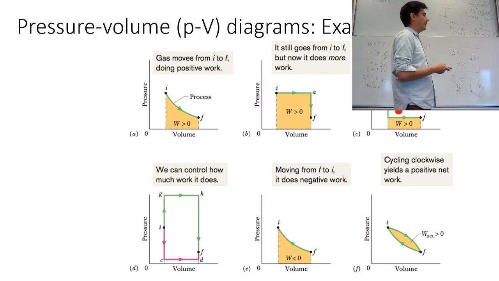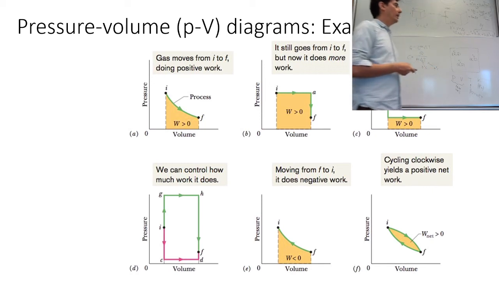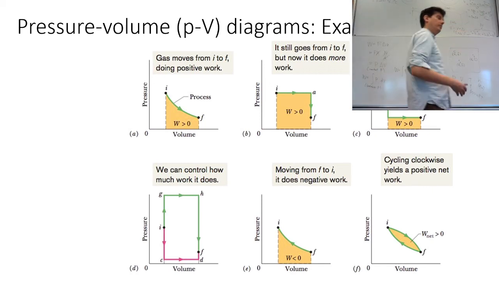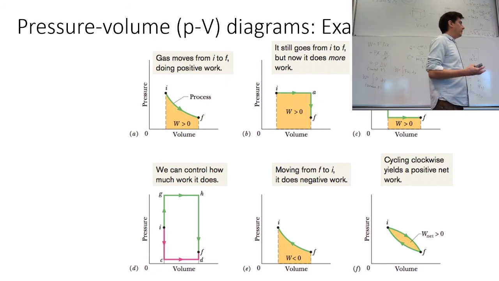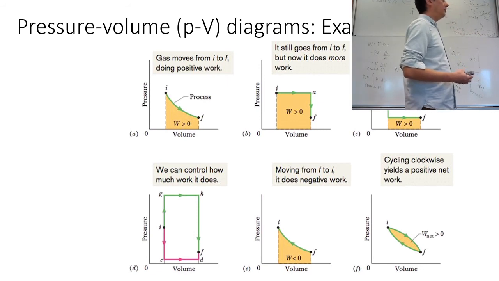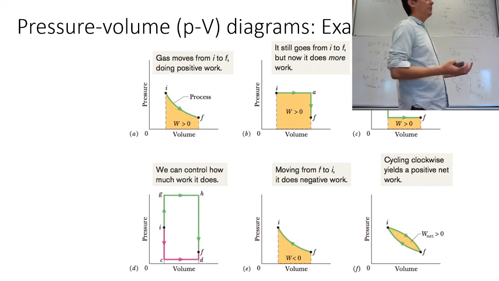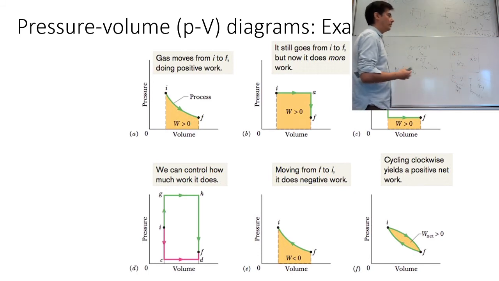So this is an example where the work will be much smaller than, say, this one or this one, because the area under the graph is very small. Despite the fact that the initial and final configurations of the gas are the same, the gas will do different amounts of work according to the particular process. So that's basically what this is saying. You can actually control how much work the gas does.